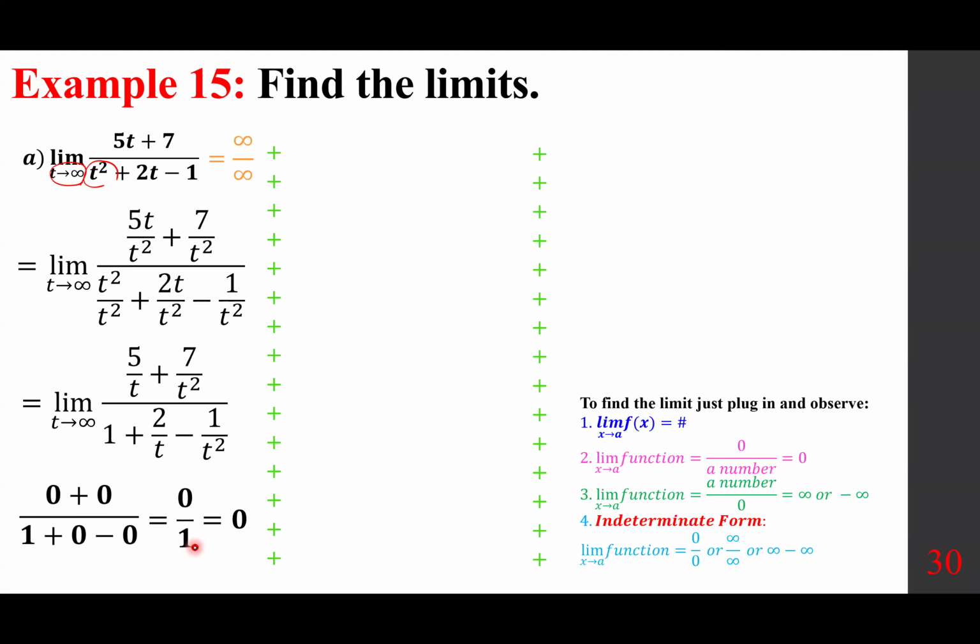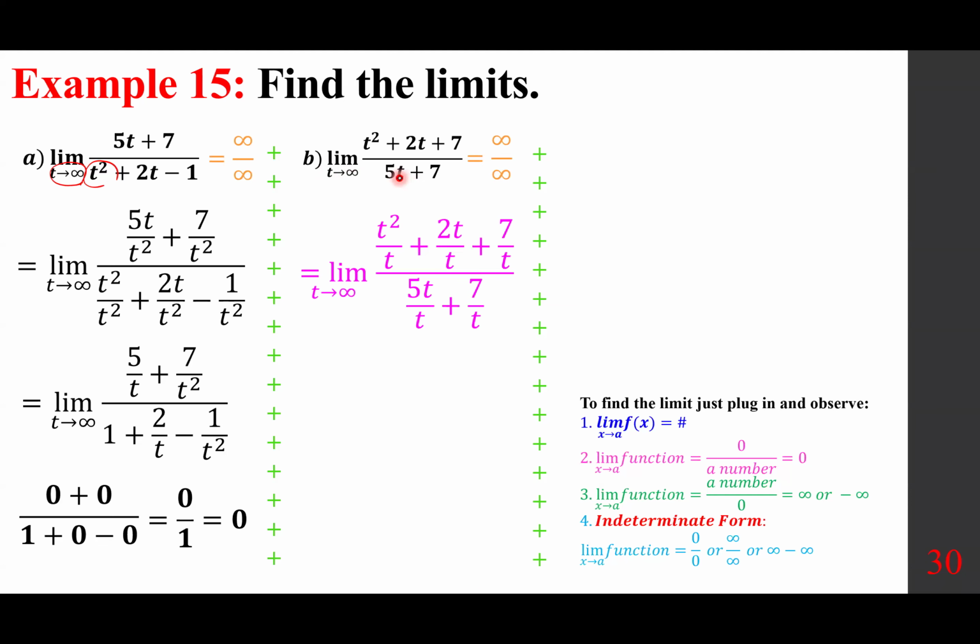Let's look at the next one. In the same manner, we notice if we plug in, we get infinity over infinity, and the technique is the same because this is a rational function. T is approaching infinity. We divide by the highest degree term in the denominator, namely t. And we're going to simplify.